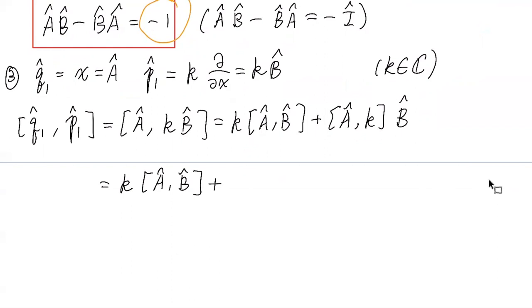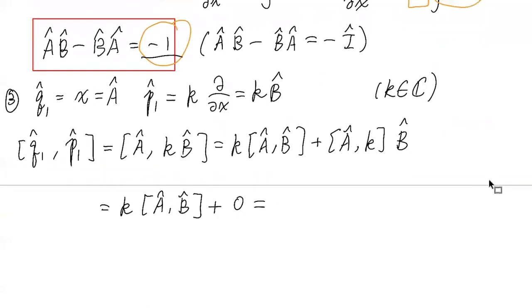A is simply x, and this is a number. K is also a number. Of course, x times K is xK minus Kx, and this is 0, right? Because they are all very simple numbers. So the second term is 0. And we know AB is this commutator, AB minus BA is equal to -1, and therefore this term is equal to -K, right?